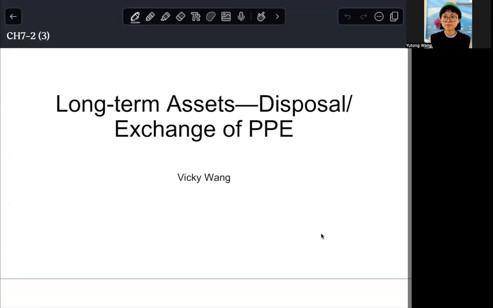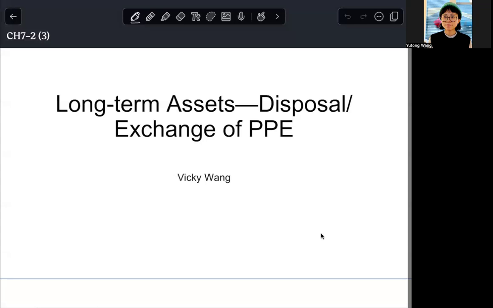So you should be aware that under the second method, double declining balance, and the third method, activity-based method, if the book value at the end you calculate is less than the residual value, you should set the book value at the end to the residual value first.